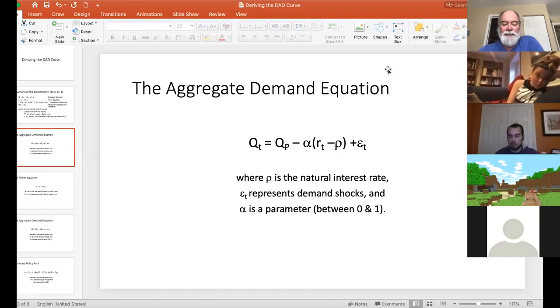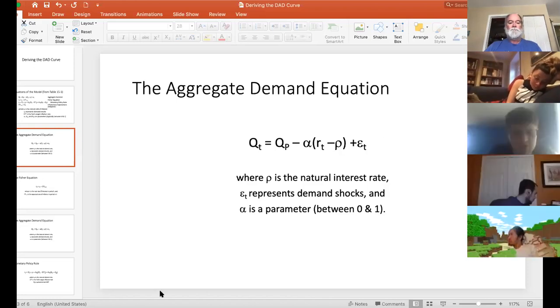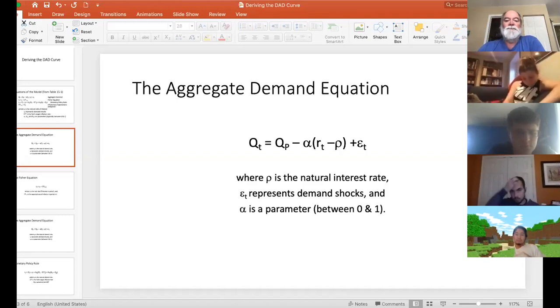Rho is defined as, well, no, let's take this a step at a time. Rho, does anybody remember how rho is defined in the model? Rho is the one that looks like the letter P, right? Yes, it is a Greek R. It's the natural rate of interest. Yes. Okay. Then what is the natural rate of interest? What does that mean?